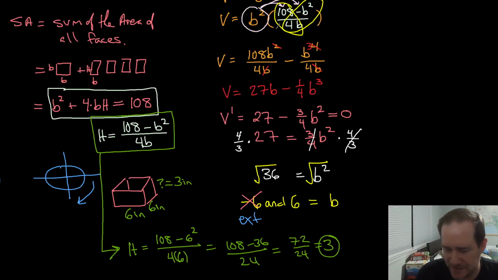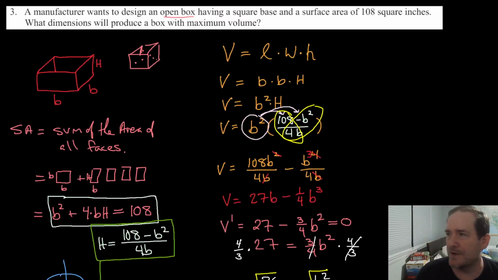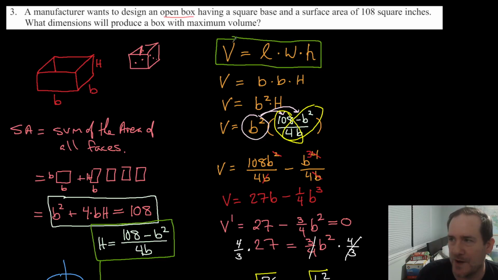If you're seeing these optimization problems for the first time because you were absent, remember that we tried to write an equation to model the thing we're actually optimizing, which in this case was volume, and optimizing it meant finding the maximum. Then there's pretty much always some kind of constraint equation, and typically you use it to eliminate some variable.